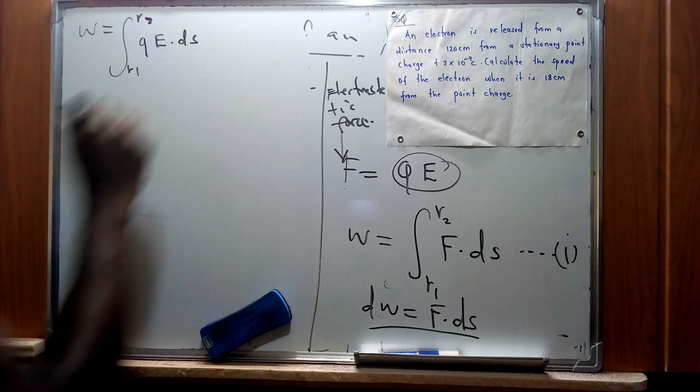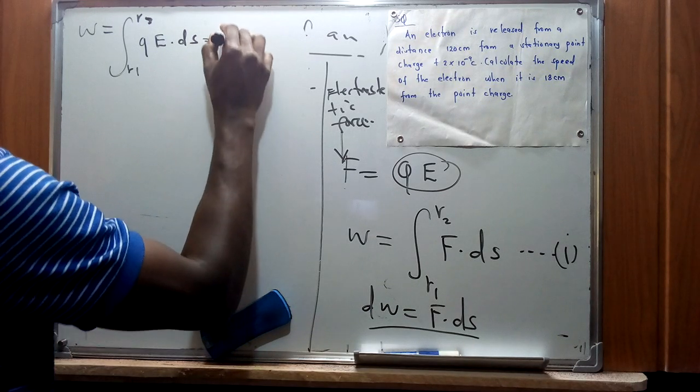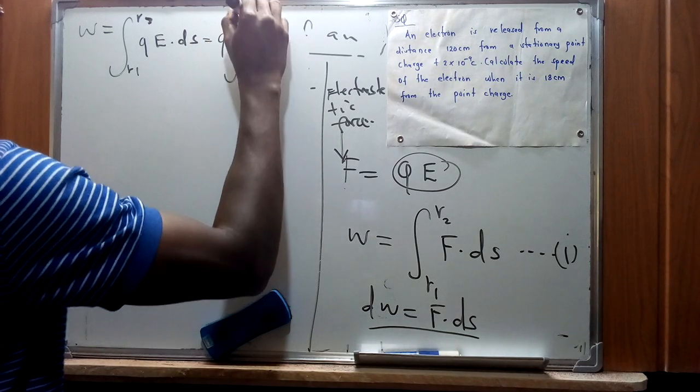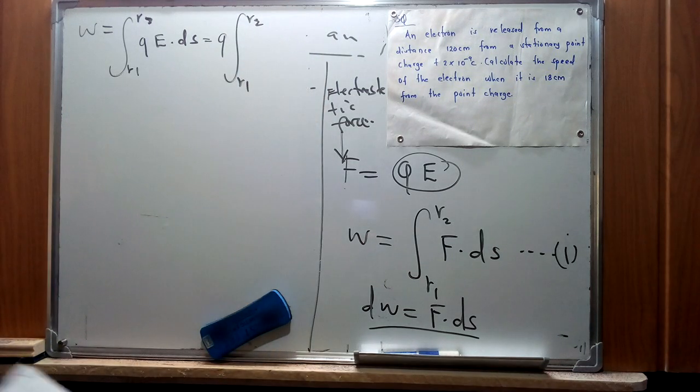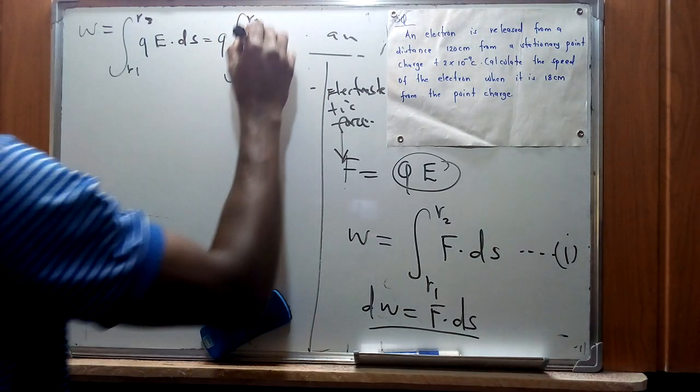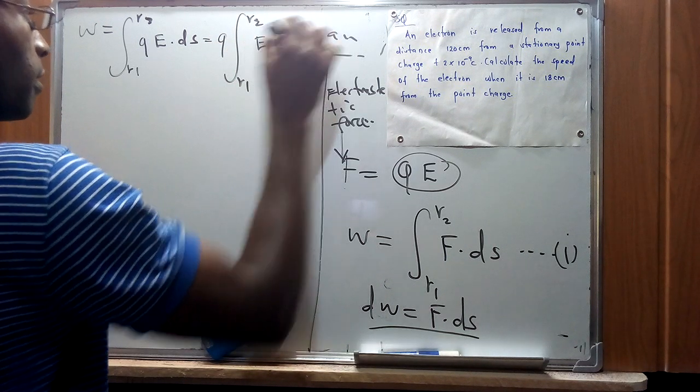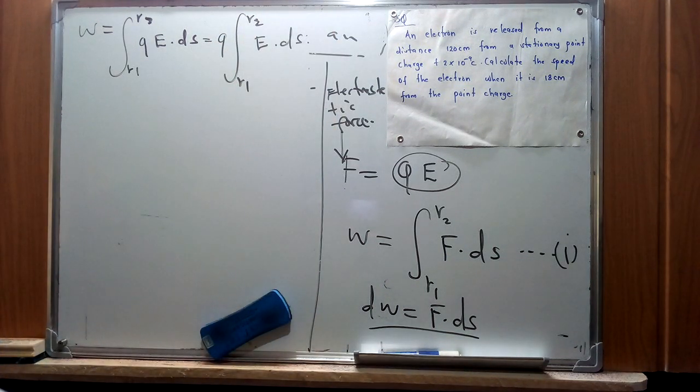Now from the laws of integrals, we know that because Q is a constant, we're just going to take it out, and then we shall have this represented as Q integral of E ds. So that is basically going to give us the work that is done along that particular electric field.